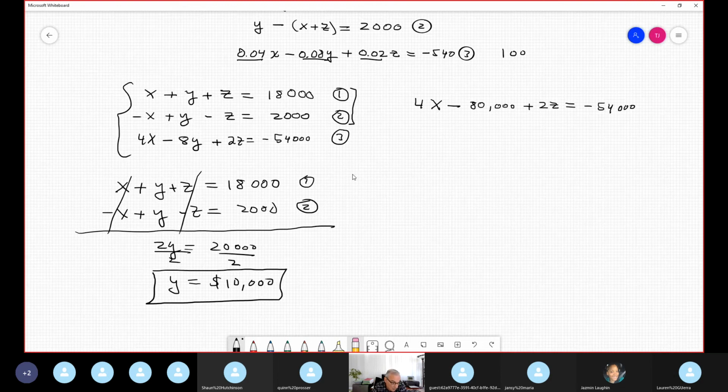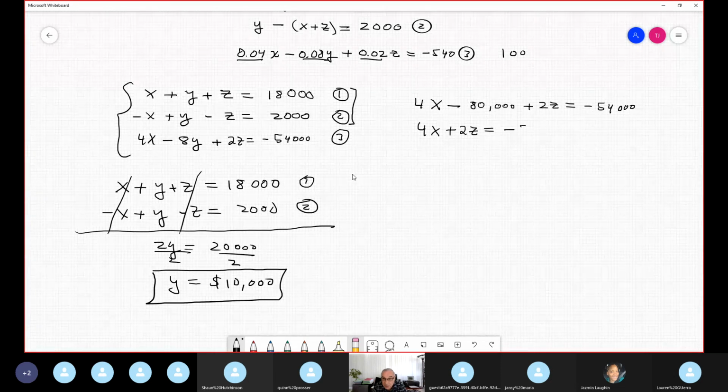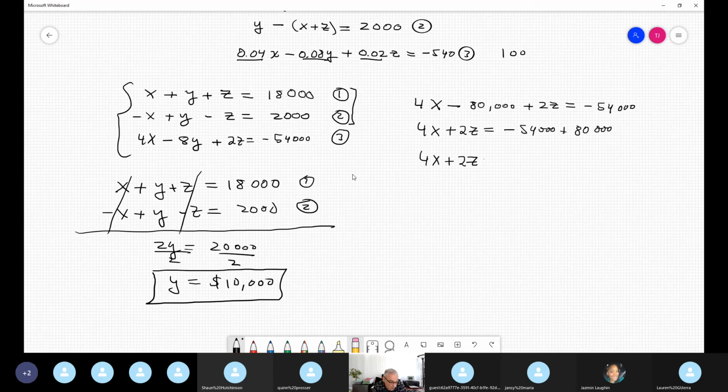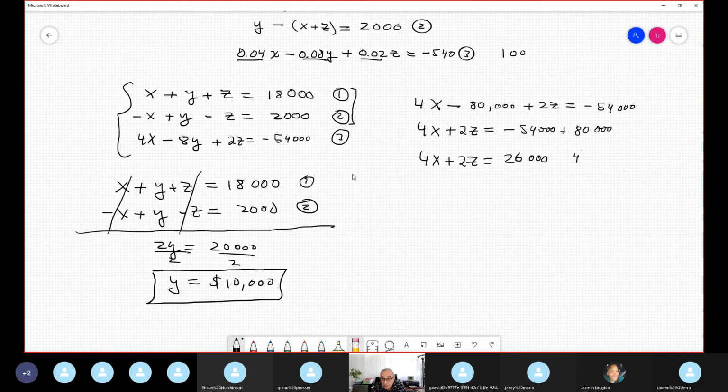Now I copy just like that. 4x plus 2z is equal to minus 54,000 plus 80,000. So 4x plus 2z equals 26,000. I call this equation 4. This is my equation 4, which contains two variables. So I plug in this number here.